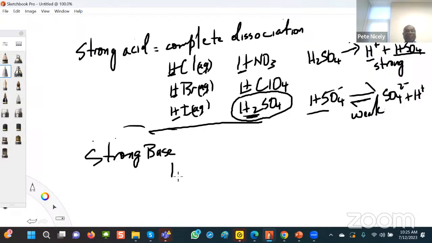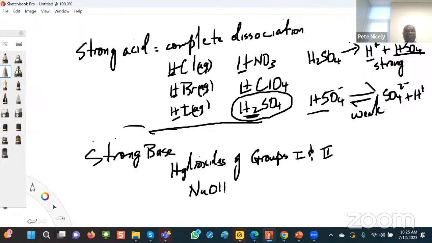Strong bases: hydroxides of groups 1 and 2. All right? So I'm talking substances such as sodium hydroxide, lithium hydroxide, calcium hydroxide.